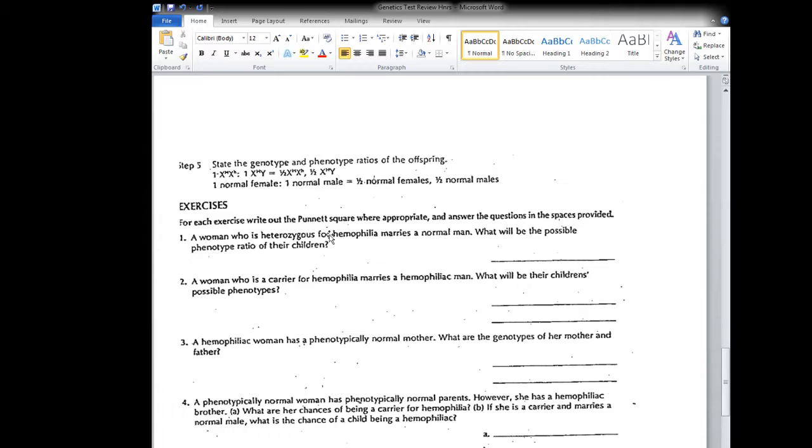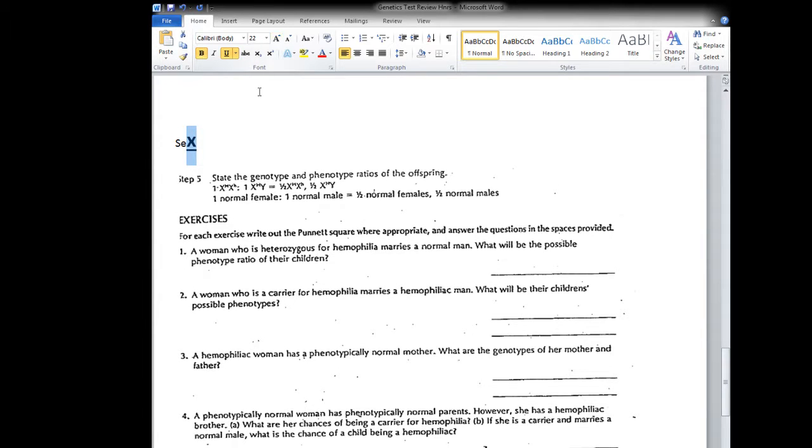So, a woman who is heterozygous for hemophilia marries a normal man. What will be the possible phenotype ratio of their kids? So, first of all, when it's sex-linked traits, the X is right there. Basically, remember with sex-linked traits that you have to think about whether it's X or Y. So, for example, a woman who's heterozygous.